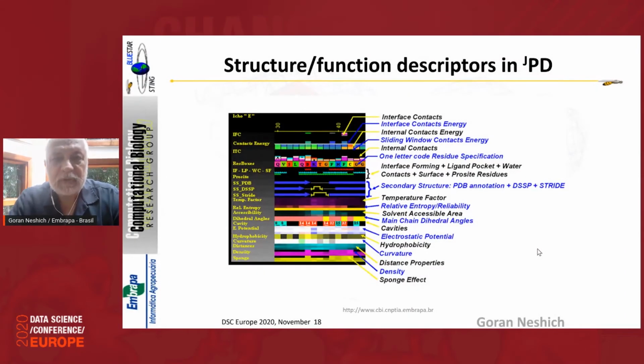Once we have all these elements, or better, descriptors, we can show them and paint them graphically, as seen in this slide. If I read from bottom to top, we have different kinds of parameters like density, distance properties, curvature, hydrophobicity, electrostatic potential, cavities, solvent accessible area, temperature factor, relative entropy, and so on and so forth.